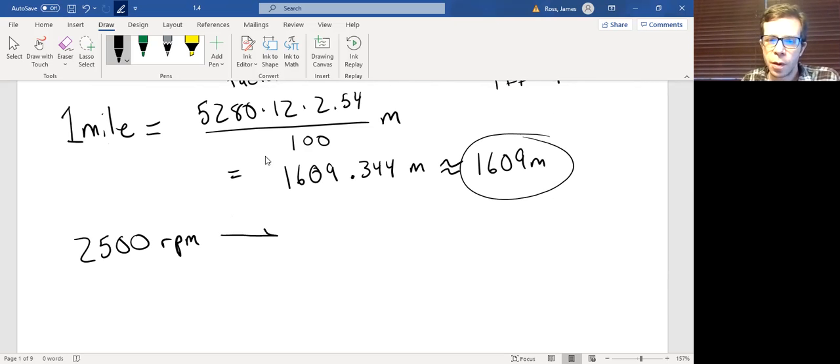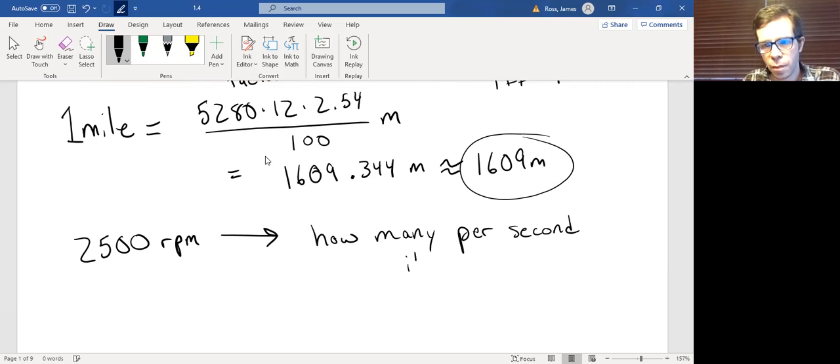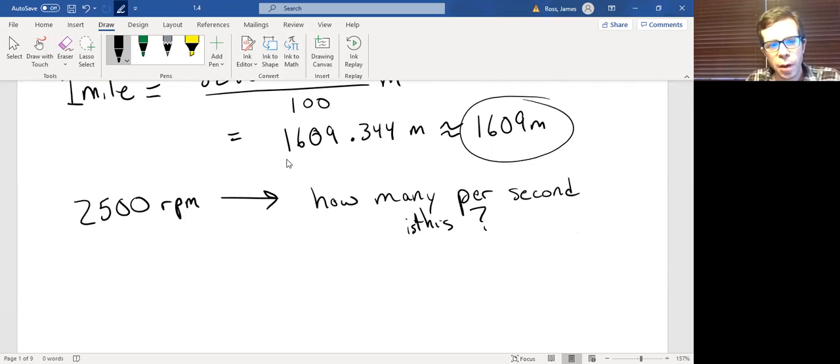And we want to know how many times each second the crankshaft is turning. All right, so what does RPM mean? That's revolutions per minute.